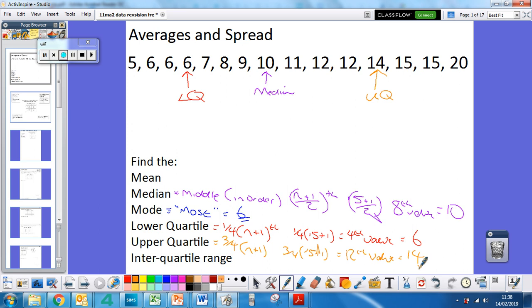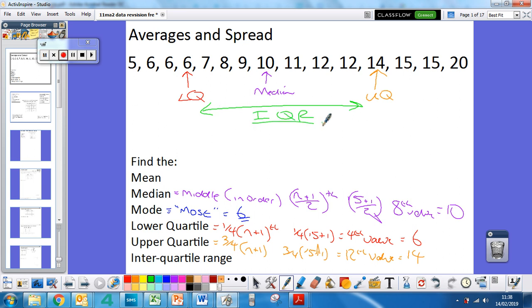To work out the interquartile range, it is the distance between the lower quartile and the upper quartile. We use the letters IQR for interquartile range.